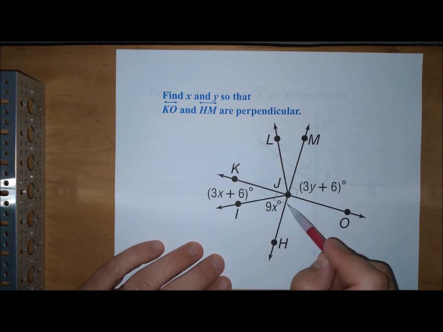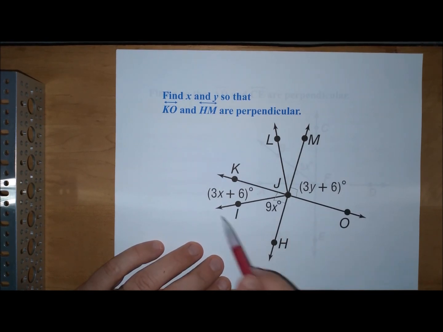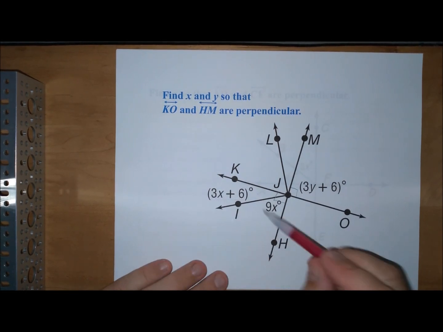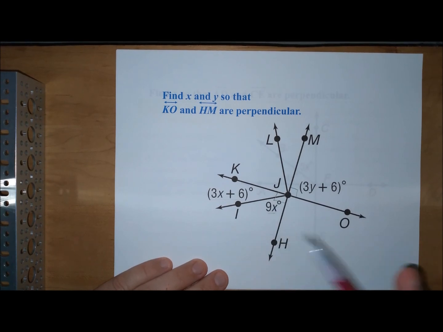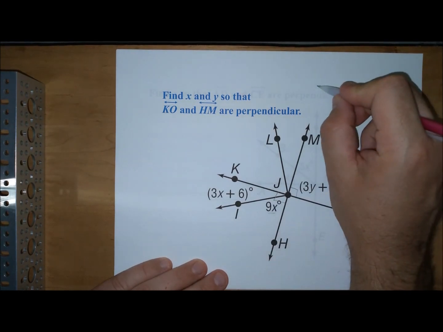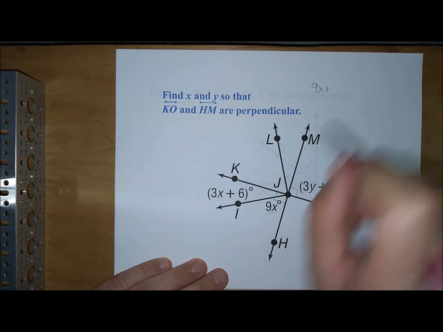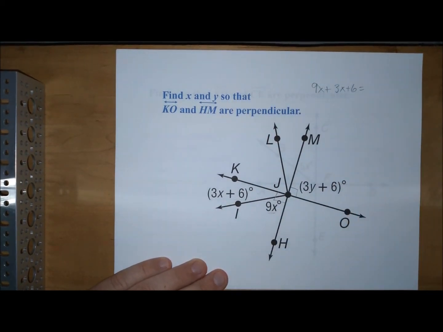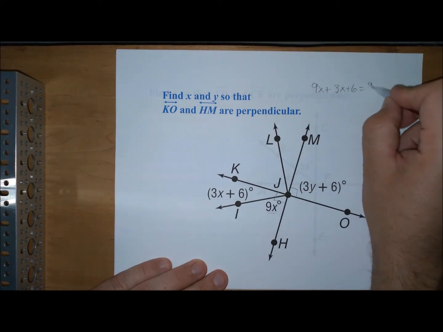If this is 90 degrees, these two angles over here, you'll notice these expressions only contain x's. So I could come up with an equation in one variable here that I could solve. If these two angles add to 90, those are complementary angles. We can say that 9x plus 3x plus 6 must equal 90, right?